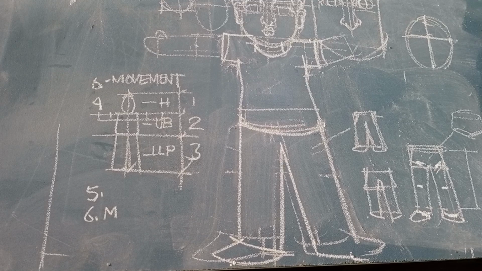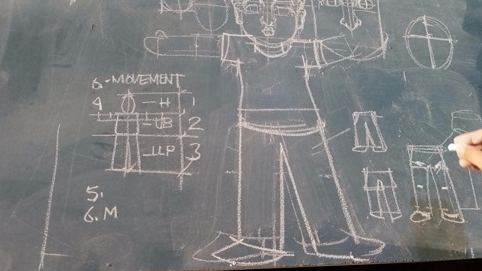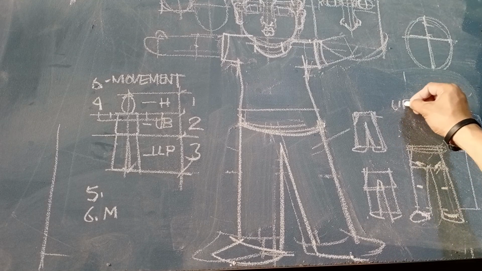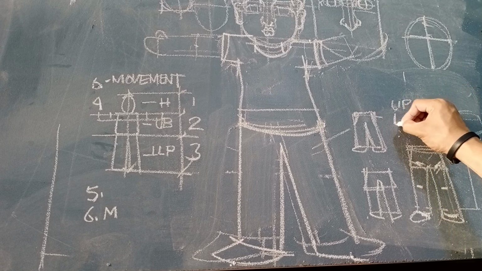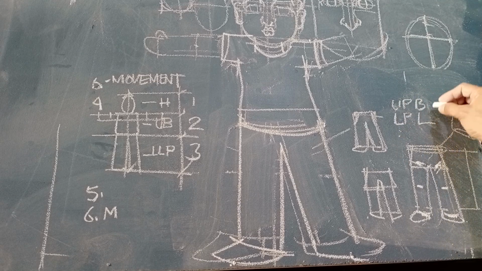So we're done with our 3 parts from the identified diagram of the human figure: the head, the upper part, the body, and the lower part, the legs.